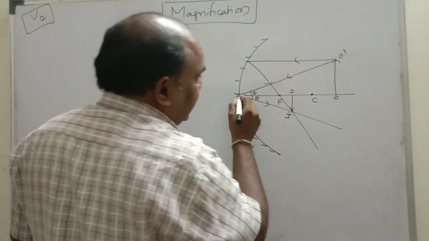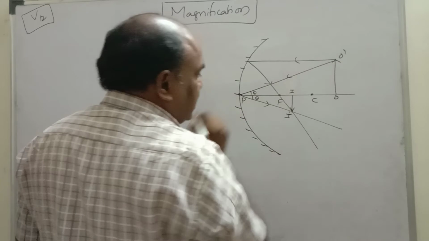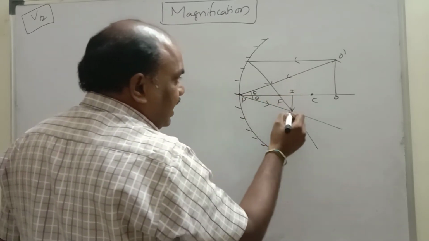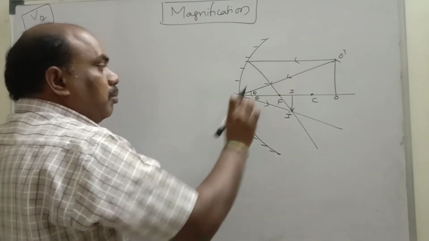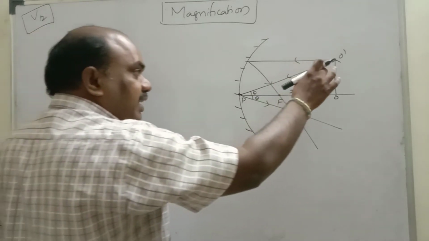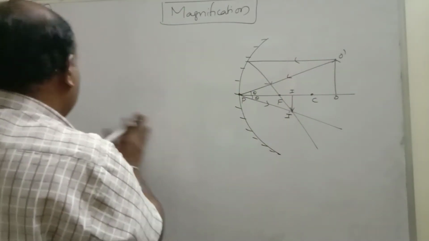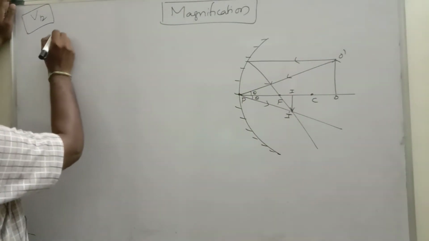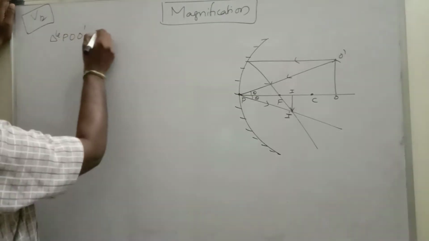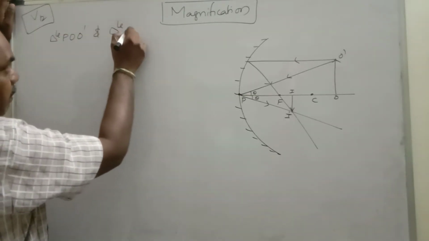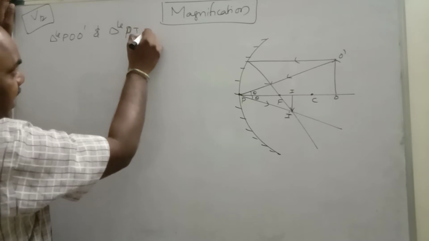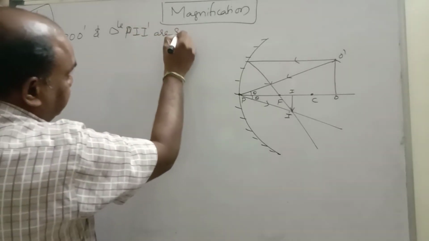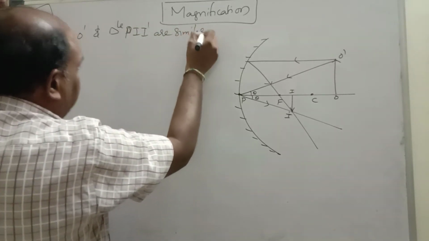Now observe children, this is one triangle, PO dash, and PI dash is another triangle. Both are making the same angle. So we can say these two are similar triangles. Triangle PO dash and triangle PI dash are similar. Do you know the properties of similar triangles?